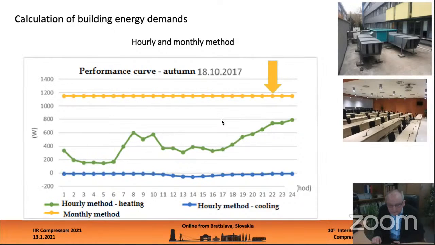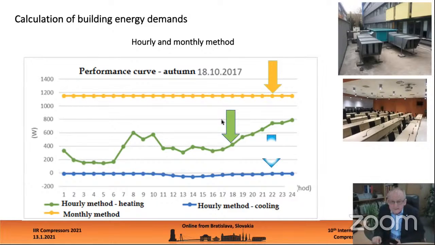But if we used a specific temperature and specific energy efficiency expressed by COP for every hour, during the day and during the night, then you can see that the energy demand was different, and was calculated lower.